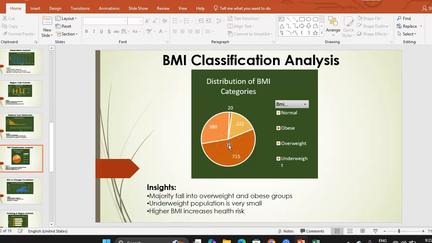Only a small percentage are underweight. This finding highlights a significant health concern within the population. Higher BMI levels are often associated with increased medical risk and higher healthcare costs.